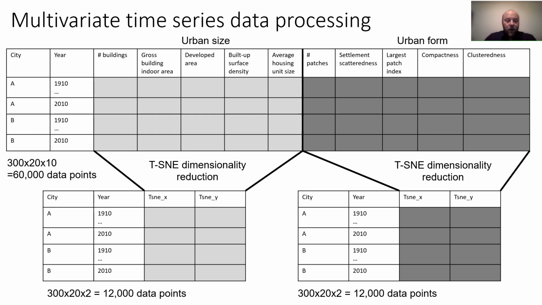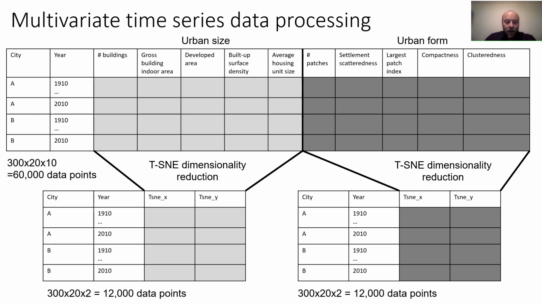And then for each city, for each year, we have these 5 size-related metrics, such as the number of buildings, and at the same time the 5 form-related metrics. So if you sum this up, you have 300 cities, 20 points in time, and 10 dimensions, a total of 60,000 data points.